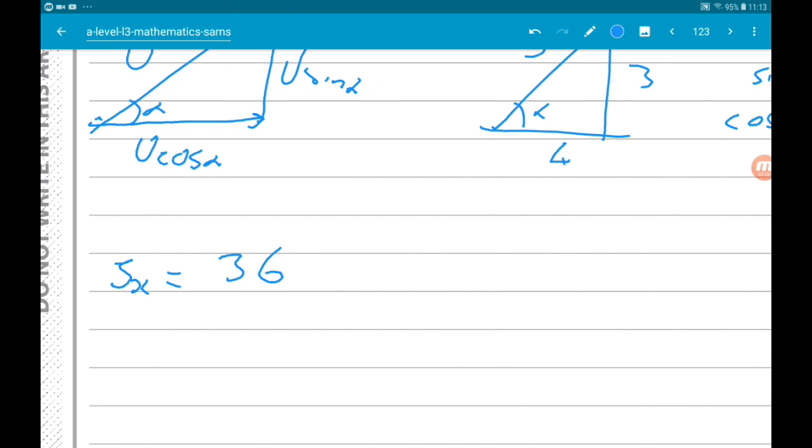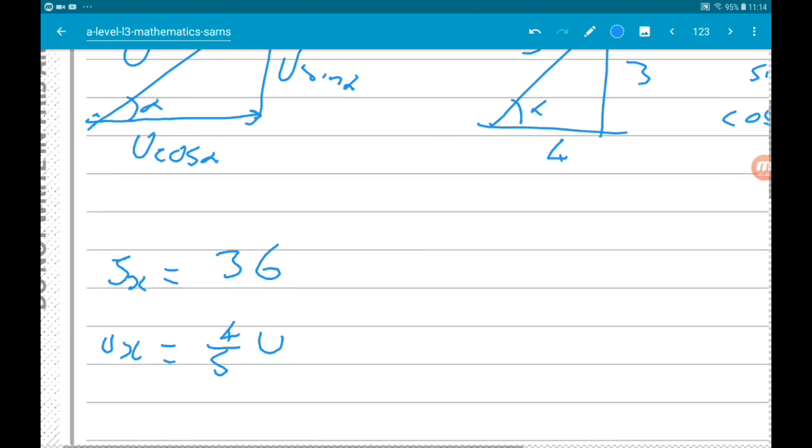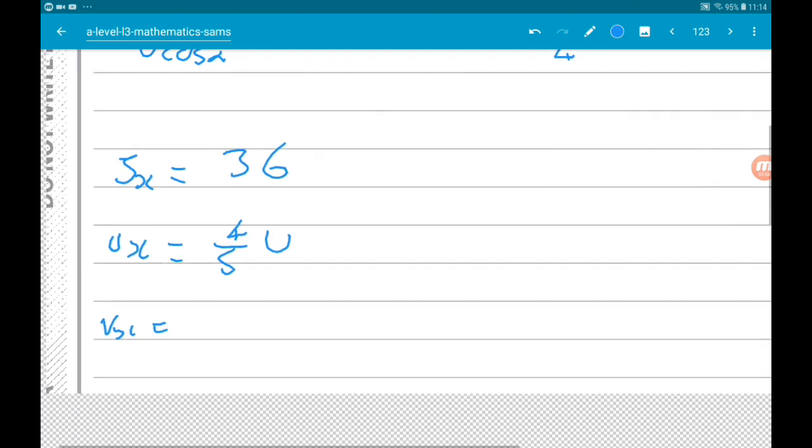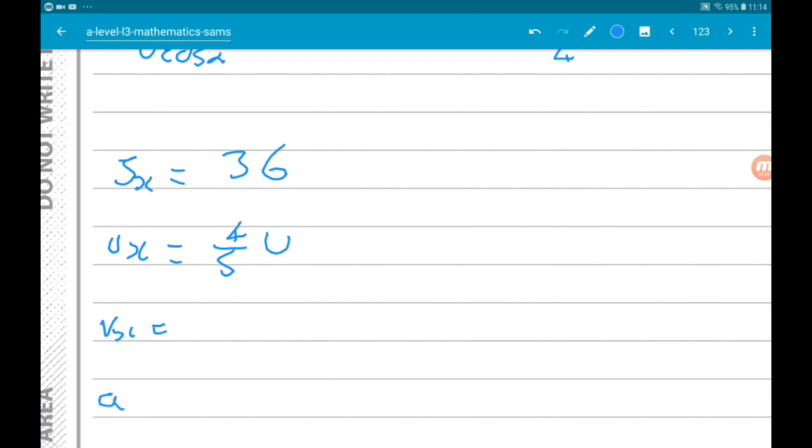The initial velocity in x is u cos alpha, so 4/5 u. We don't know v. We know that a is 0, and we don't know time.